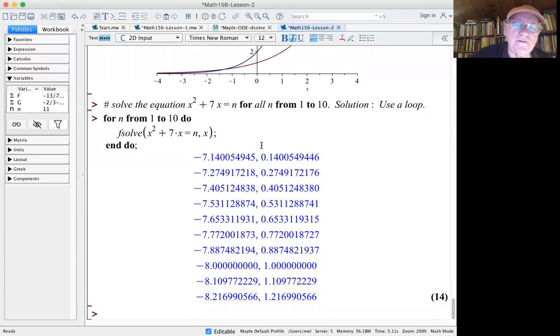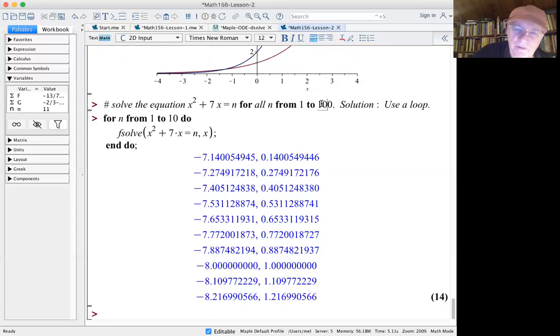And you'll see I have 10 lines. And for each line, I have 2 numbers. Why do I have two numbers? Because these are quadratic equations, and a quadratic equation has two solutions. So for each n, I get the answer. That's really amazing.